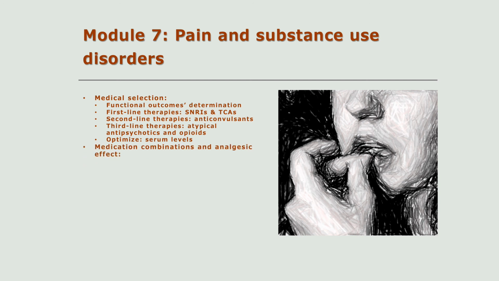Different combinations of medications are likely to cause an increase in the analgesic effects: combining an antidepressant with an atypical antipsychotic, with two anticonvulsants where the second one has a different mechanism, and combining an antidepressant with a mood stabilizer anticonvulsant.